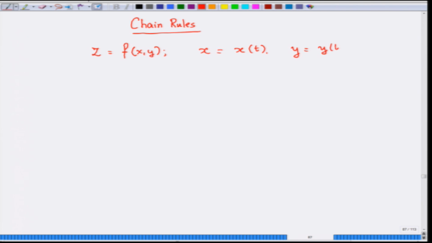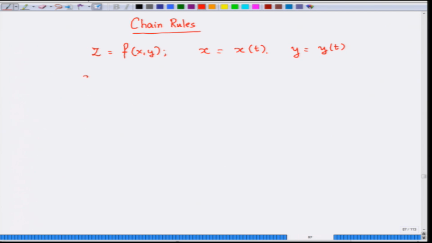So, y is y of t, I can write it h of t, g of t, does not matter, just for simplicity I am writing this. Now, ultimately z is a function of t, because if I put the actual functional formulation of x with respect to t in place of x, and in place of y whatever functional formulation y has with respect to t, then z now becomes a function of t.